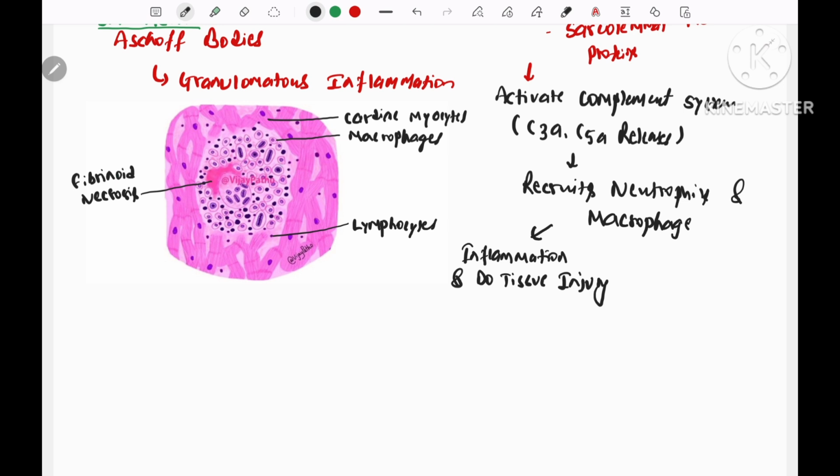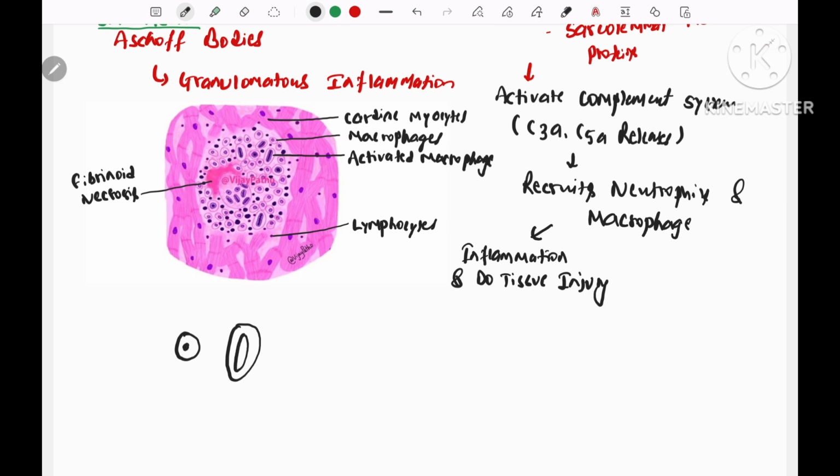And we can see that the size of this macrophage and this macrophage is different, so these are activated macrophages. Normally this is the size of a macrophage, and in the second one the size of the macrophage increases and the cytoplasm also increases.